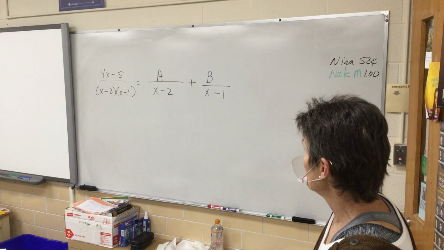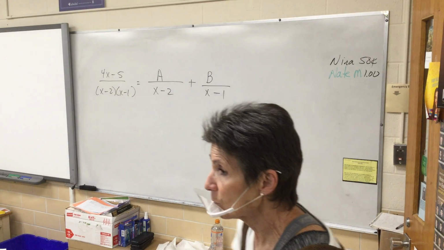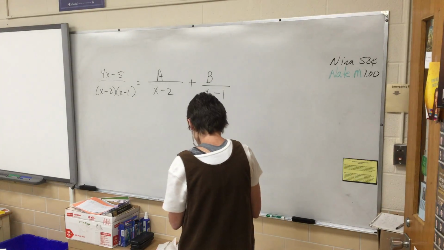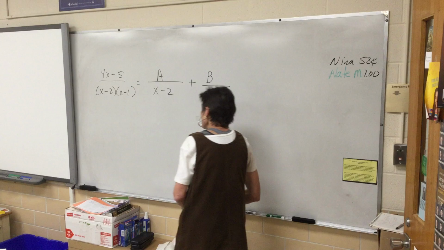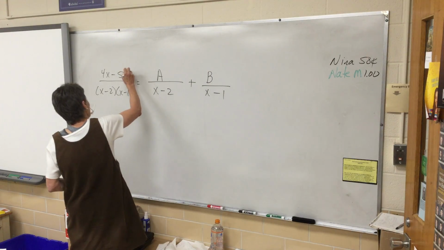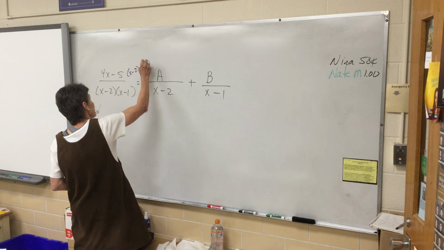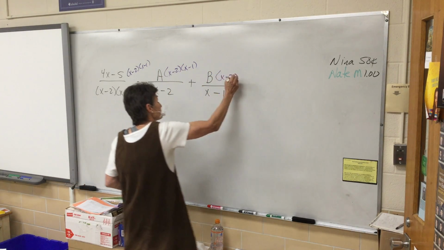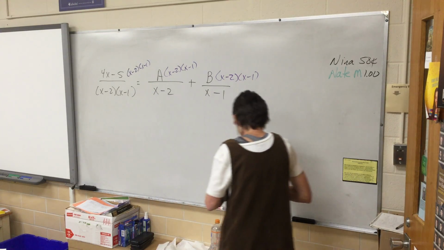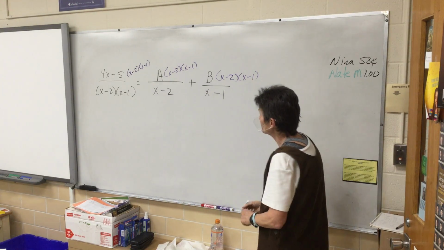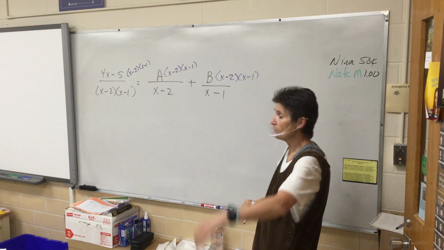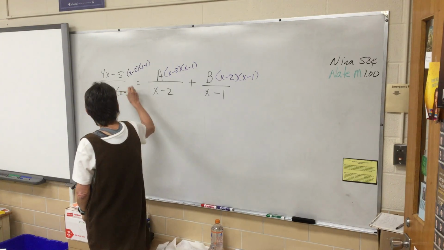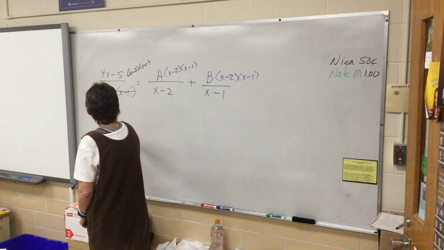All right, so now what? What do you think I want to do now? Multiply through by the whole denominator. Now, you are allowed to do this in your head if you do it carefully. I like to write it down. The idea is if you multiply every single thing by the denominator, you are going to lose all of your denominators.